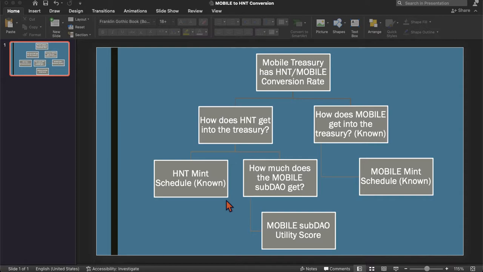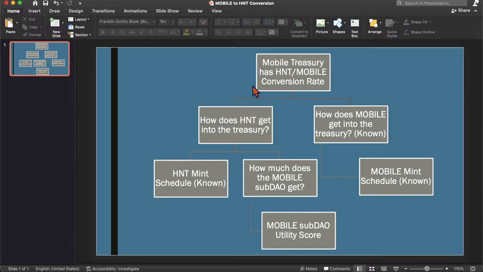Today we are going to be talking about the mobile to helium HNT token conversion rate. I've been speculating since mobile got released and started to be mined by 5G miners.